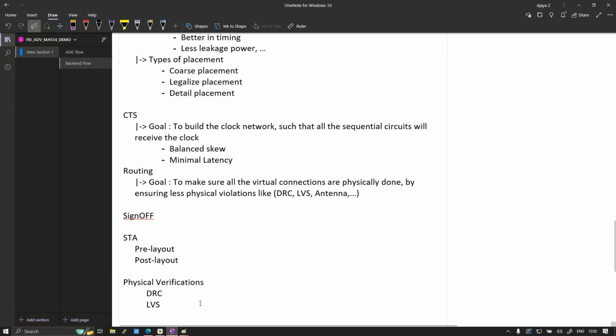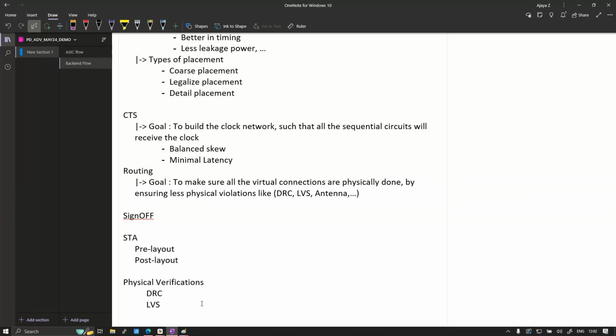This is VLSI related, so FPGA will not be touched. FPGA is a separate course. This is purely VLSI, and as I said, the tools are what we will be focusing on. If you want FPGA, you can join that also, but don't mix both. Focus on only one.